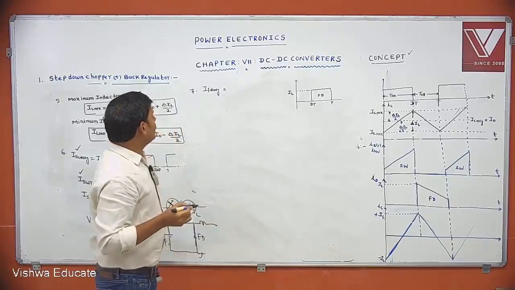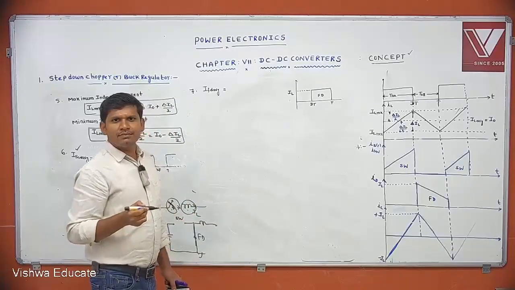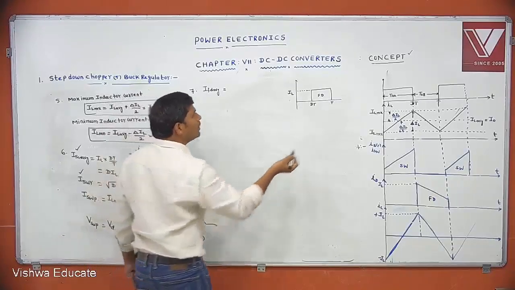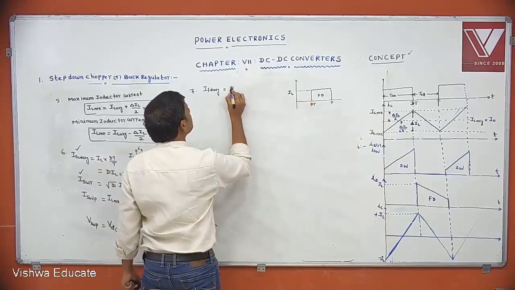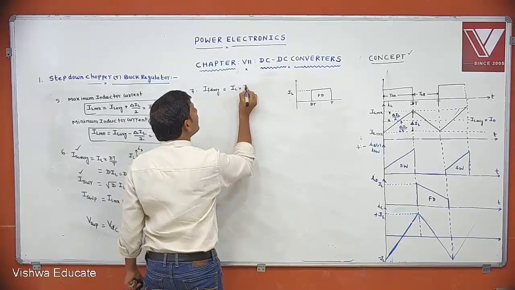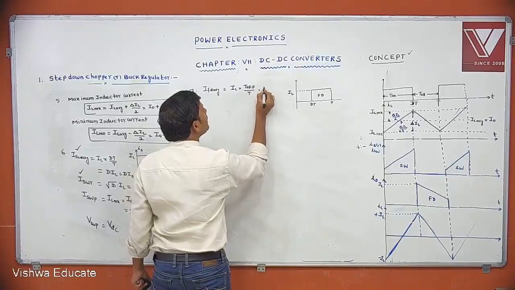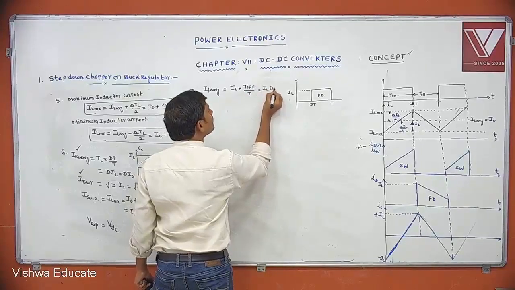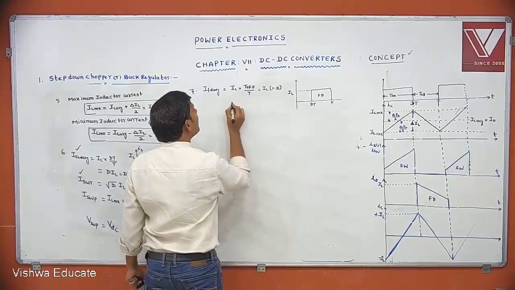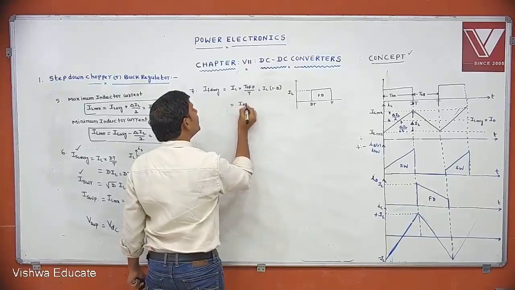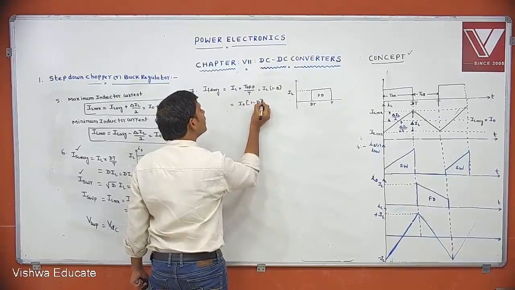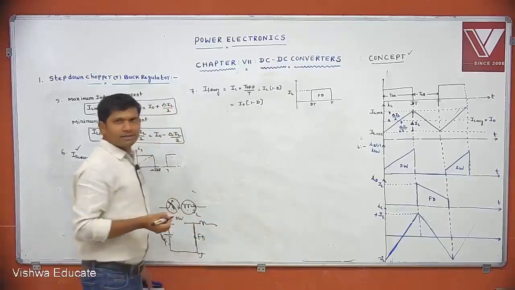During which time is the freewheeling diode conducting? Off time. During off time the freewheeling diode is conducting. That is IL into T off by T, that is IL into 1 minus D. But IL is nothing but I0 in a buck converter. That is I0 into 1 minus D.